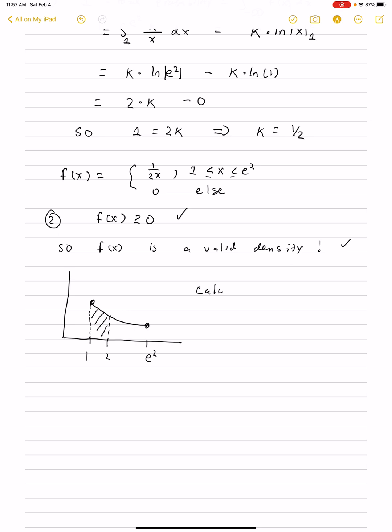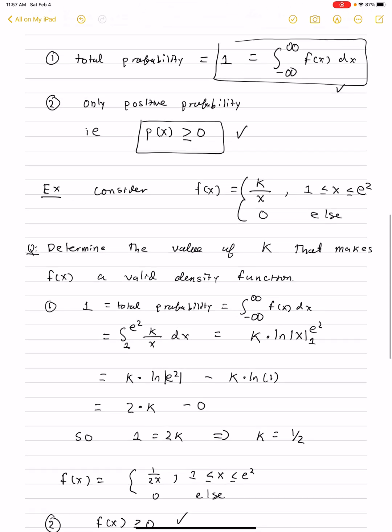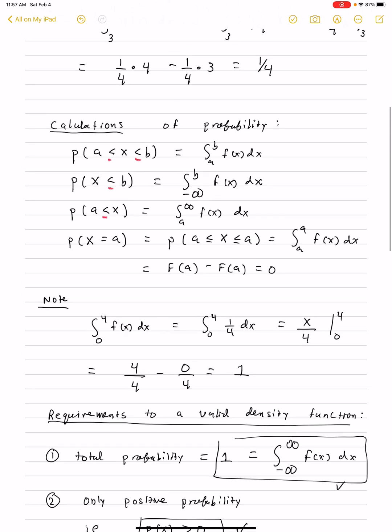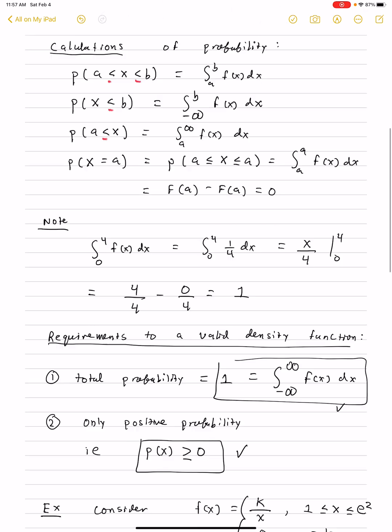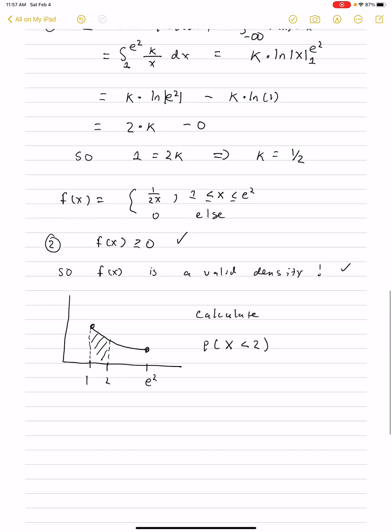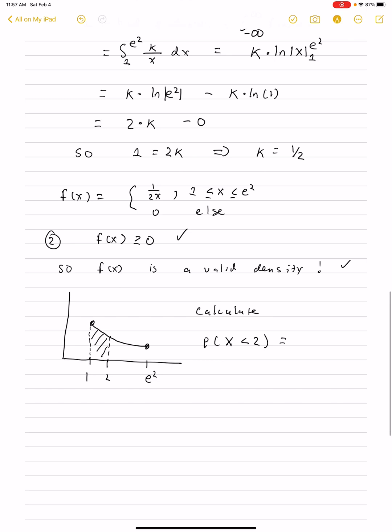So let's calculate the probability x is less than 2. Well, we were told how to do that earlier. I'm going to calculate the integral from minus infinity to 2 of f of x dx.